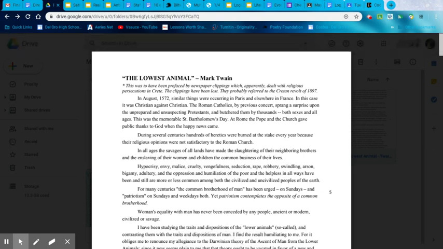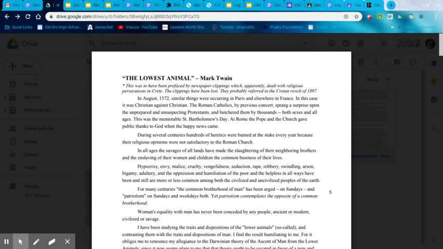Okay? This was to have been prefaced by newspaper clippings, which apparently dealt with religious persecutions in Crete. The clippings have been lost. They probably referred to the Cretan Revolt of 1897. In August 1572, similar things were occurring in Paris and elsewhere in France. In this case, it was Christian against Christian.